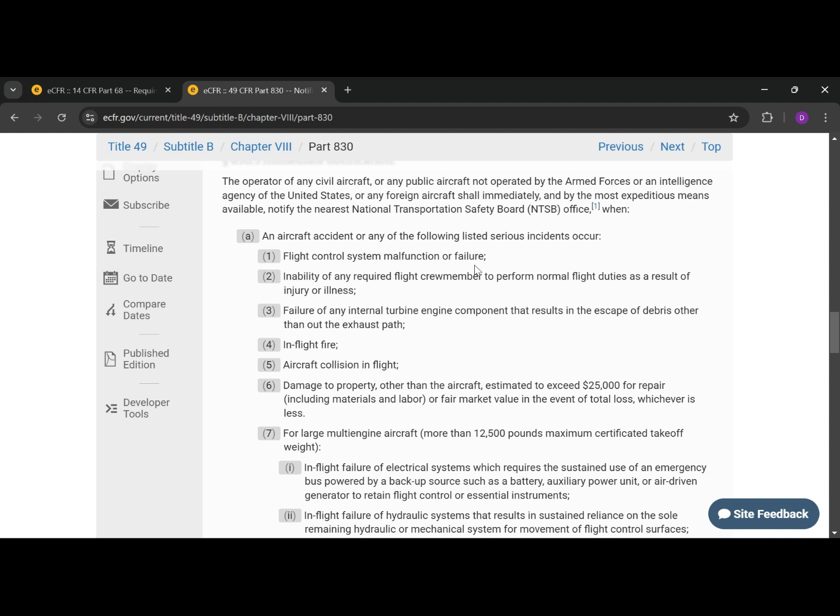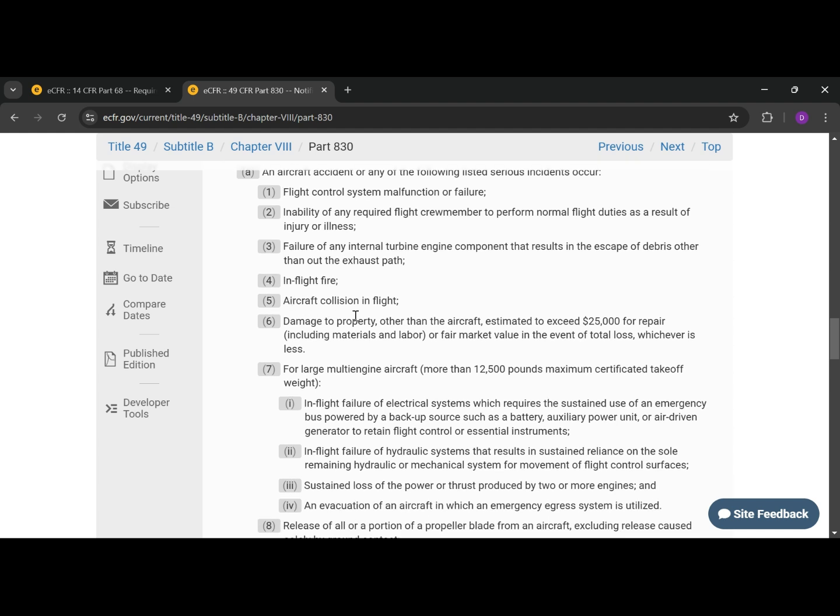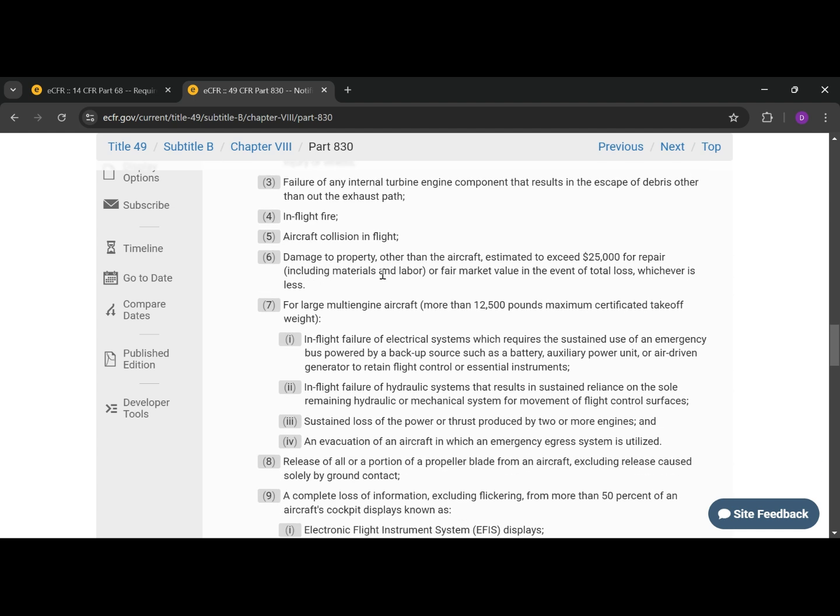Flight control system malfunction or failure, inability of any required flight crew member to perform normal flight duties as a result of injury or illness, failure of any internal turbine engine component that results in the escape of debris other than out of the exhaust path, in-flight fire, aircraft collision in flight, damage to property other than the aircraft estimated to exceed $25,000 for repair, including materials and labor, or fair market value in the event of total loss, whichever is less.